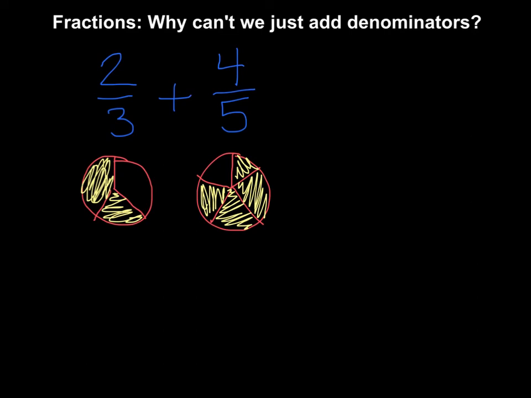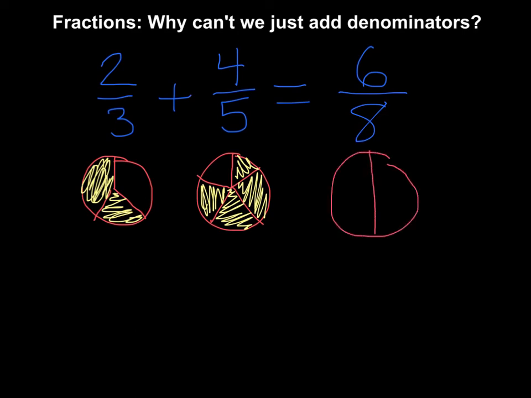Now let's take a look at what would happen if we go ahead and just add everything up. So 2 plus 4 would give us 6, and then 3 plus 5 would give me 8. So if this works, I have 6/8 as my answer.